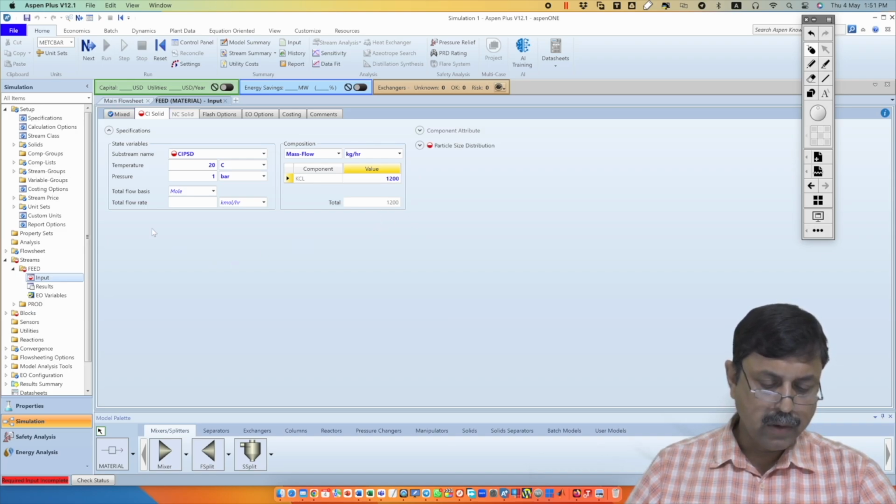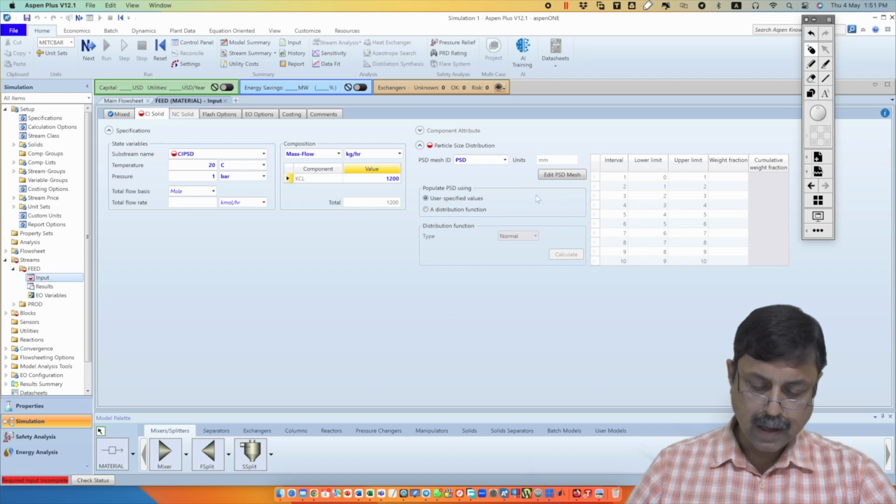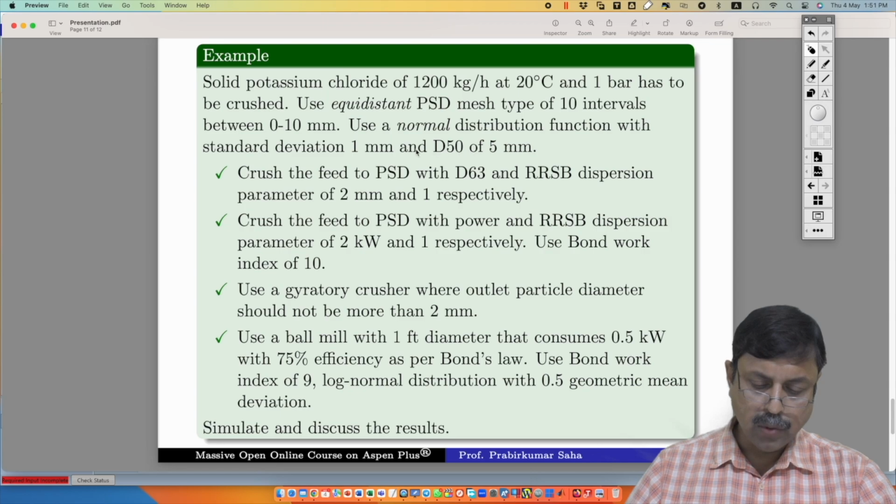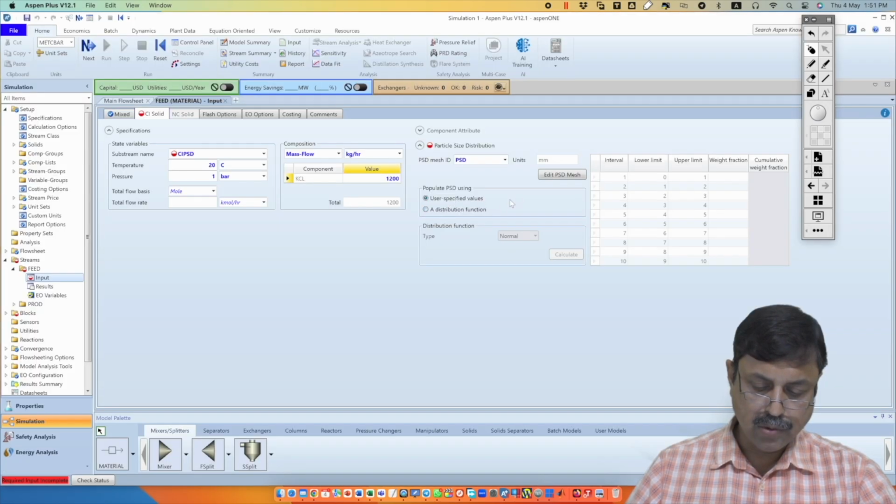Now it is not yet ready because we have to give the particle size distribution information of the feed. So when we open it up, it is said to use normal distribution function. So you have to choose a distribution function which is normal.